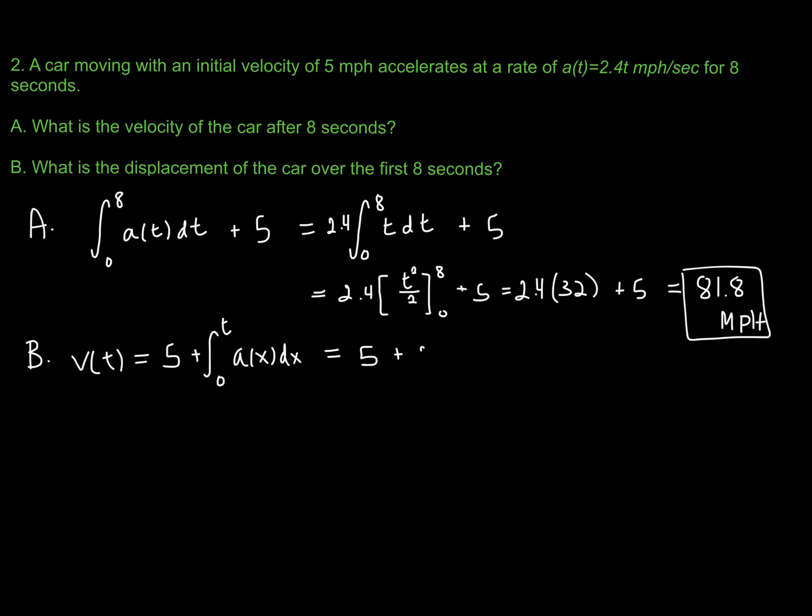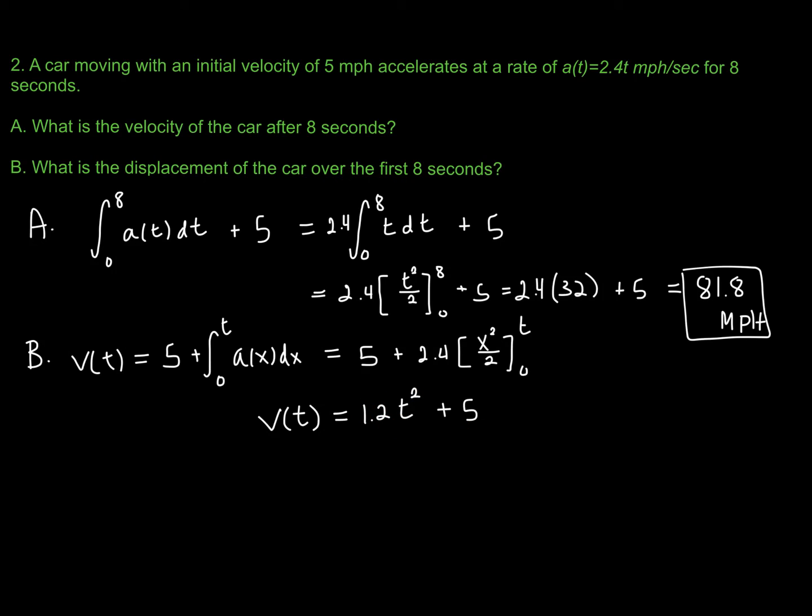And so what I have is 2.4 times the antiderivative here, which is going to be x squared over 2, because remember now I have 2.4x, not t here. So x squared over 2 evaluated at t and at 0 and subtracted, and then I can go ahead and compute that, simplified a little bit, so that I can write my velocity function. So it will look like this. Notice, of course, that I had 2.4 over 2, which ended up being 1.2 t squared plus 5.